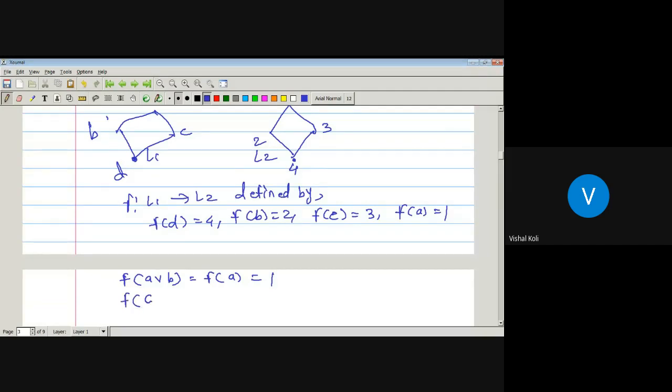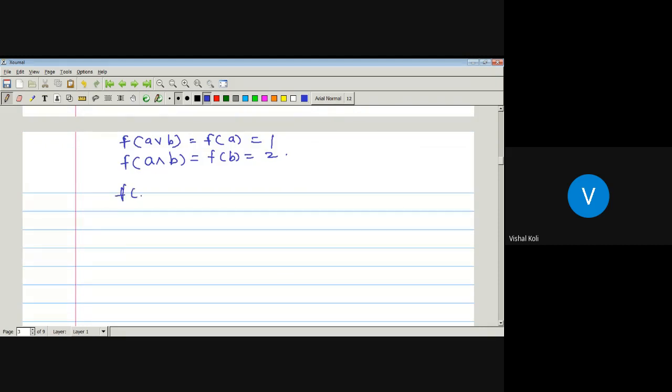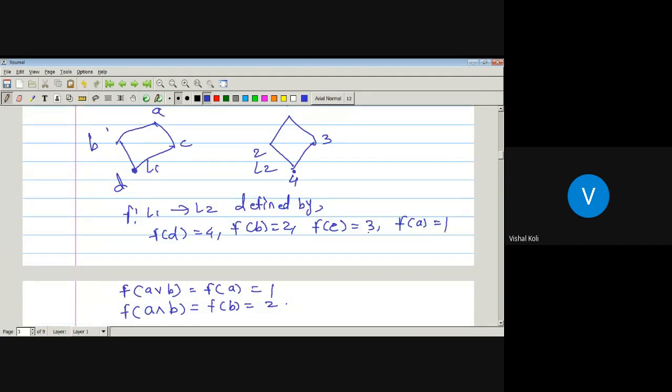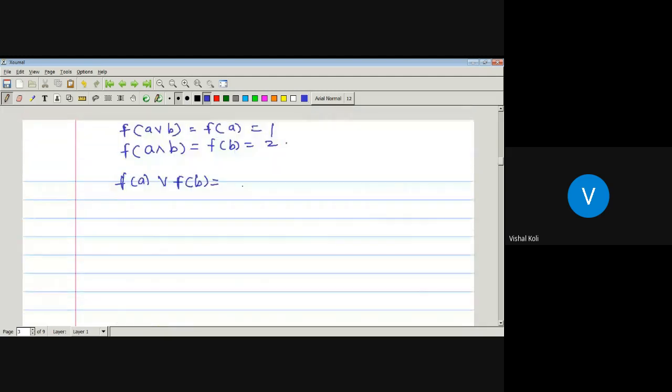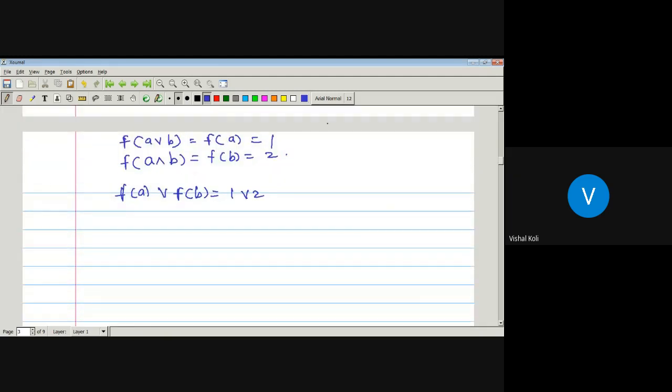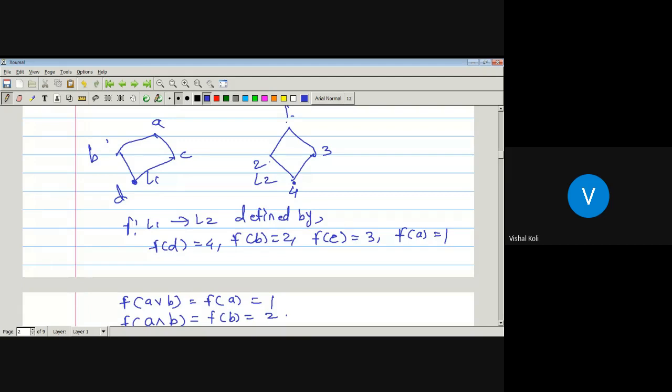Similarly, f of a meet b, where a meet b will be b, that is f of b, which is equal to 2. Now f of a join f of b is equal to, what is f of a? 1. And f of b is 2. 1 join 2. Now from this Hasse diagram, what is the join of 1 and 2? Which is 1.